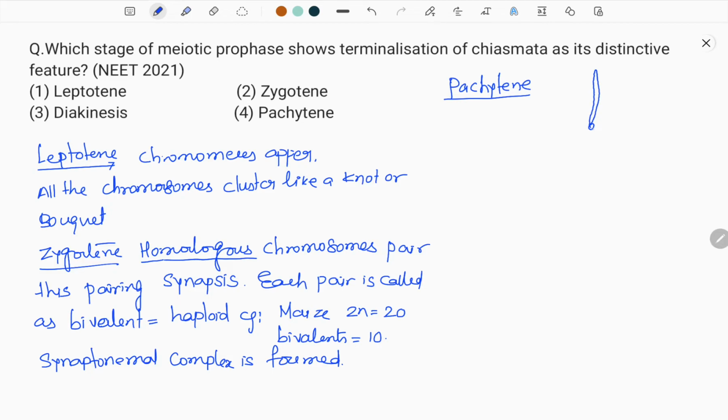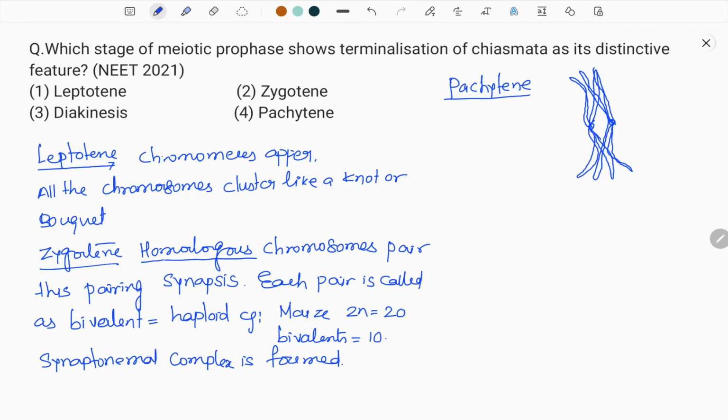One bivalent contains 4 chromatids, because one bivalent contains actually 2 chromosomes, and one chromosome contains two chromatids.